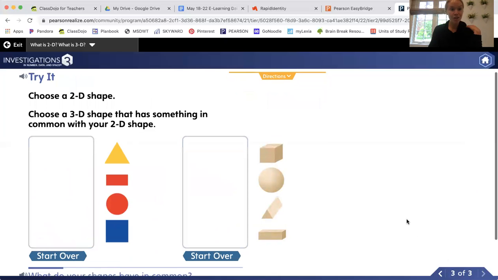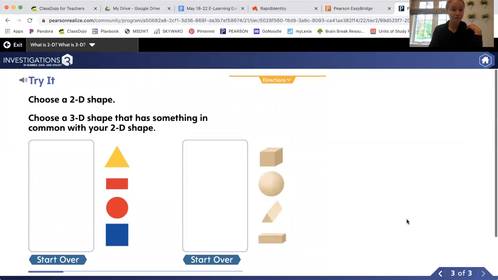So what we're going to do is I'm going to choose a 2D shape, and then over here I'm going to choose a 3D shape that maybe matches or looks similar to that shape. So if I add here, I want you to tell someone at home what shape that is.